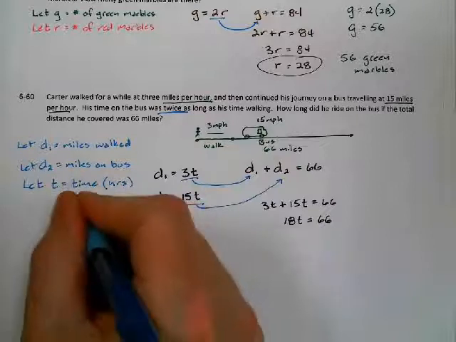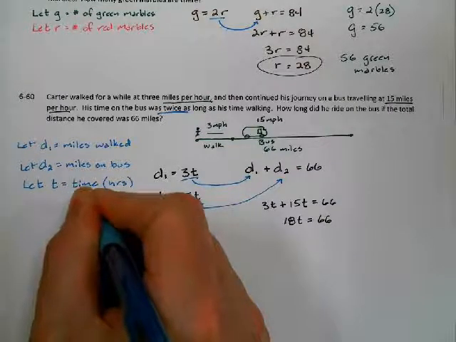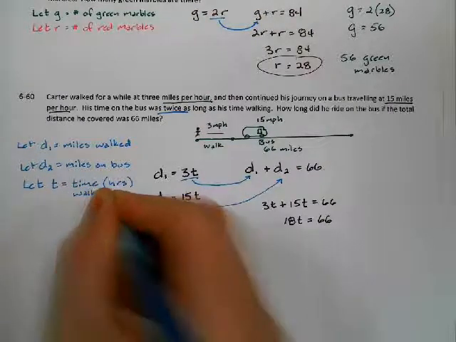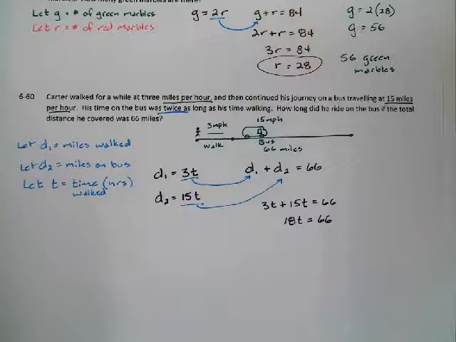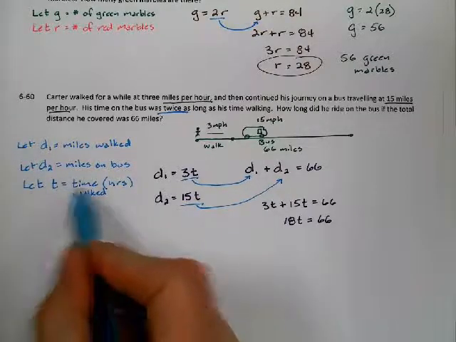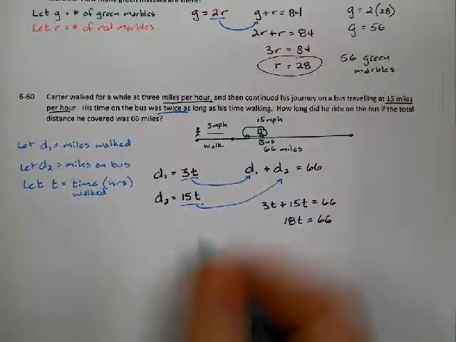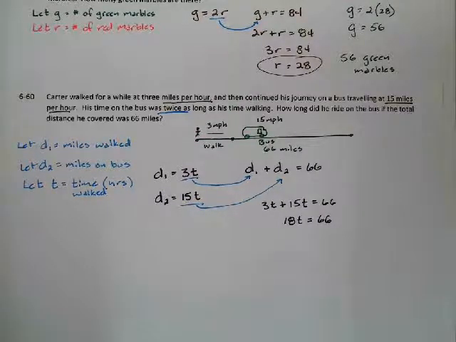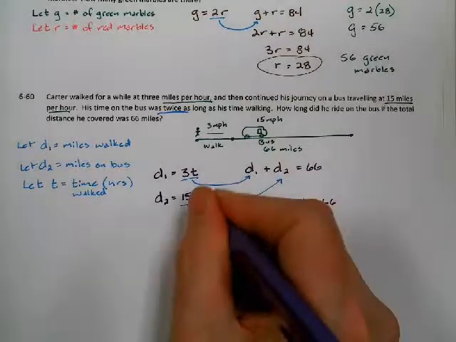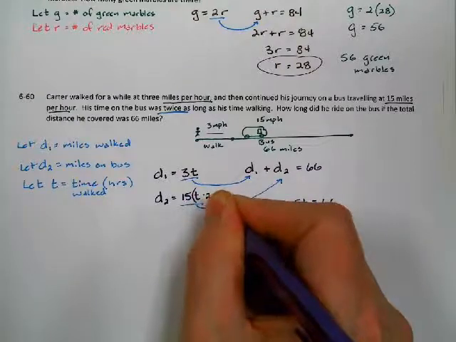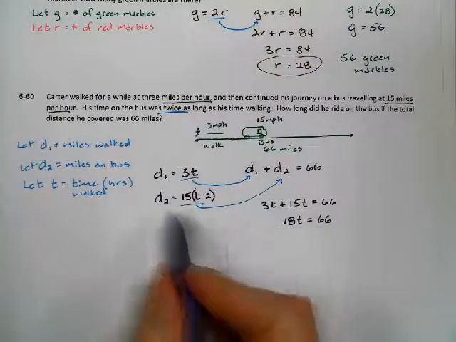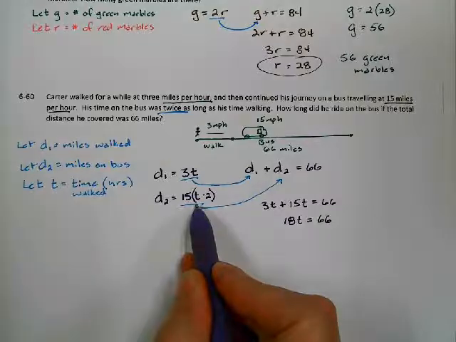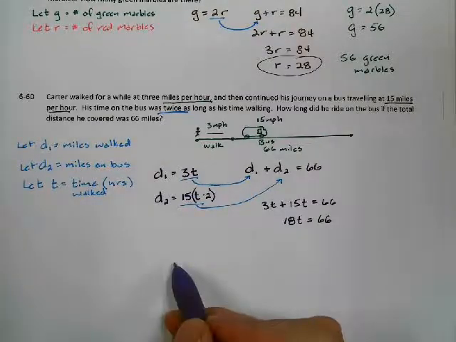That was a little bit of a mistake there. So over here when I made d2, this should be 2 times t, because he went twice as long on the bus. So there's my mistake, which is going to change it, but this is going to be 30.